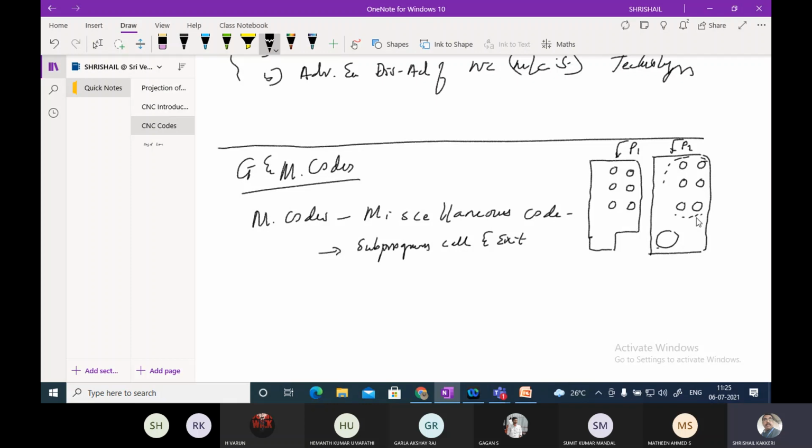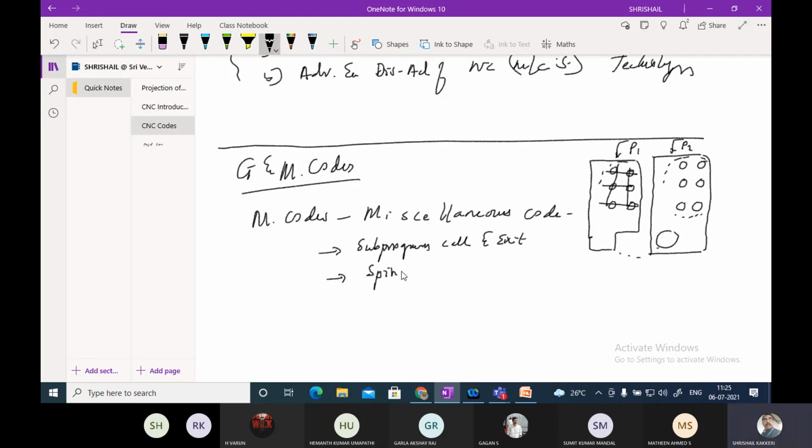On many different parts we may have to repeat similar drilling operations, having the same pitch, the same drill size and all the same parameters, and at that time we can call this program as a subprogram, or include this subprogram into the main program. So subprograms we call and exit by using the M codes.